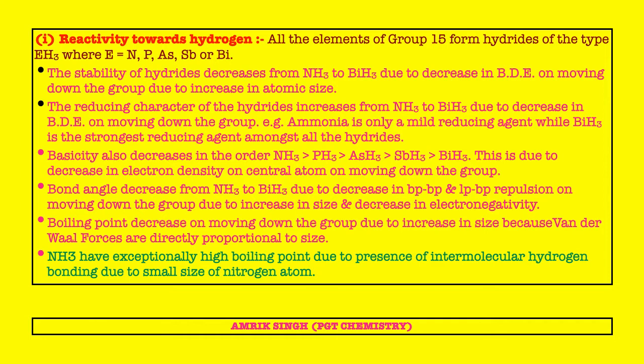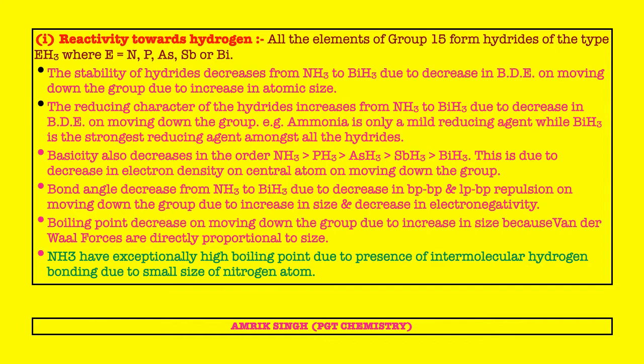It is the first property. पहली प्रॉपर्टी है कि इनकी जो स्टेबिलिटी है डाउन द ग्रुप डिक्रीज करती है. डिक्रीज क्यों करती है? क्योंकि जो सेंट्रल एटम है जैसे नाइट्रोजन फास्फोरस डाउन द ग्रुप साइज बढ़ता है. साइज बढ़ने के कारण जो सेंट्रल एटम है और हाइड्रोजन है उसके बीच की जो बॉन्ड लेंथ है वो बढ़ जाती है. बॉन्ड लेंथ के बढ़ने से बॉन्ड डिसोसिएशन एनर्जी डाउन द ग्रुप डिक्रीज हो जाती है. तो इसके कारण स्टेबिलिटी भी डिक्रीज हो जाती है.